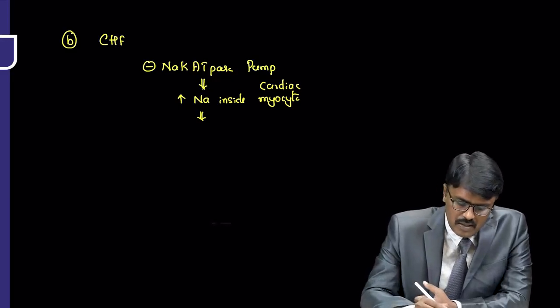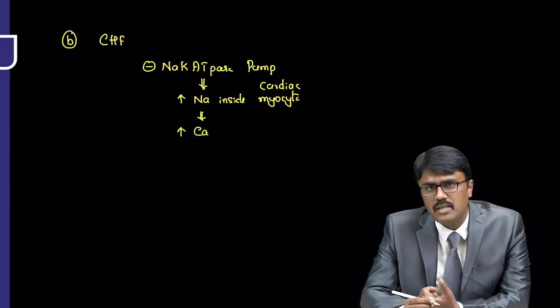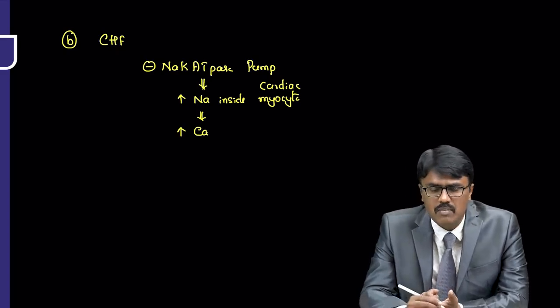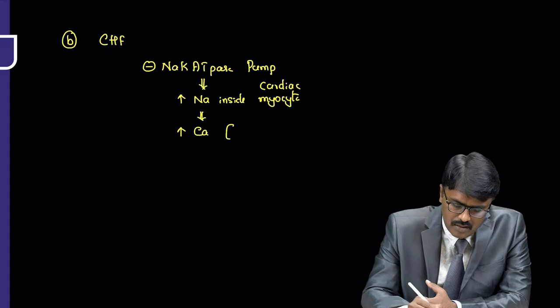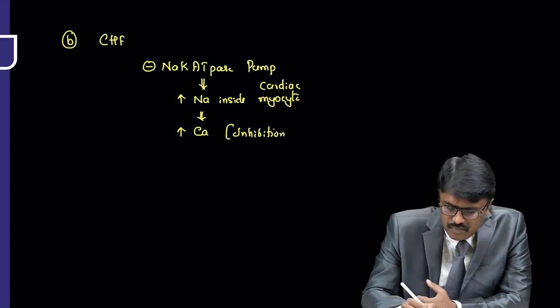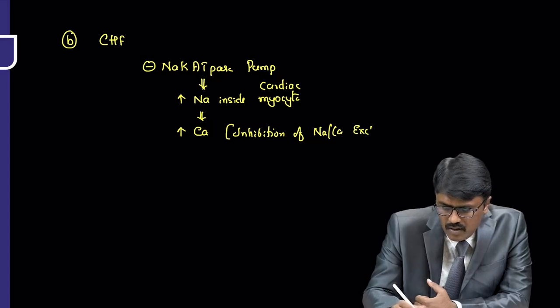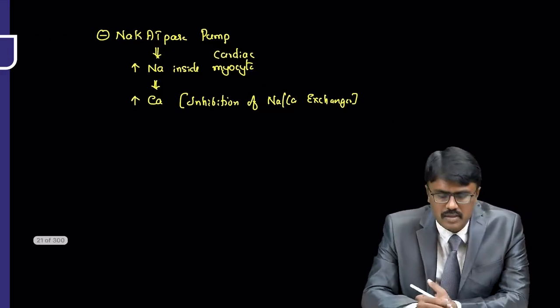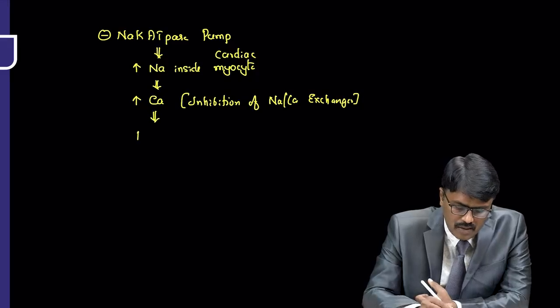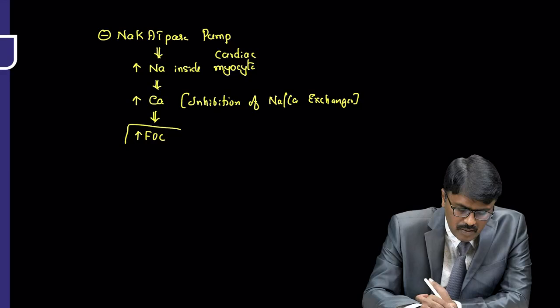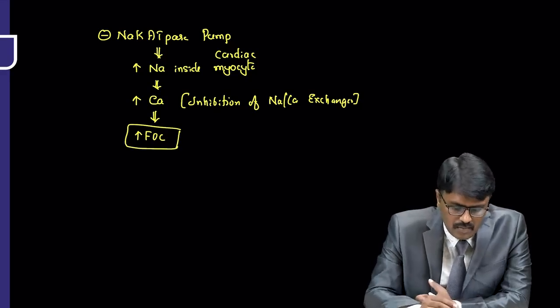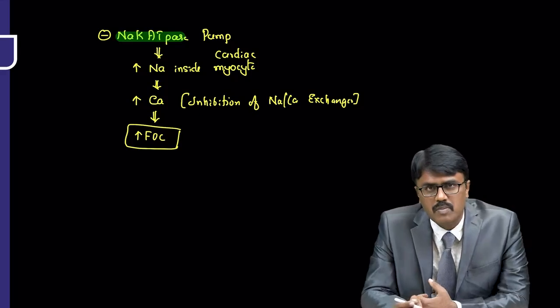There is an increase in calcium, because there is inhibition of the sodium calcium exchanger, so that will not work. That increases the calcium, and more calcium means an increase in force of contraction. This is in brief.